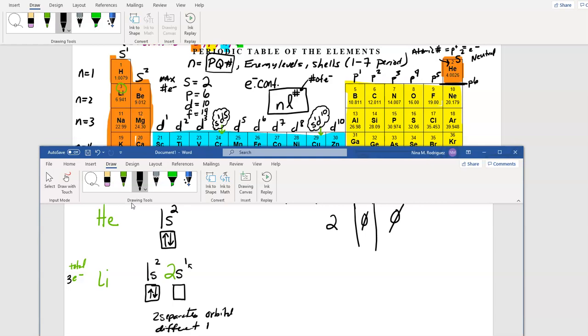Talked about this in a video. Who would have more energy? That 2s would have greater energy than that 1s. Why? Because he's further away from the nucleus. Remember drawing those beautiful circles? That's your 1s2 orbital right there, and then now, 2s. So the further away from the nucleus, the more energy he has.